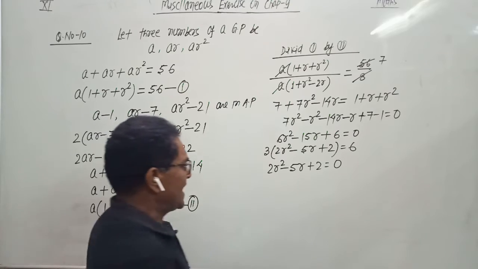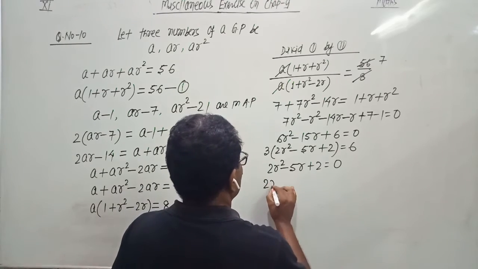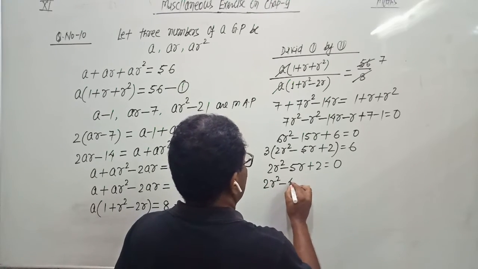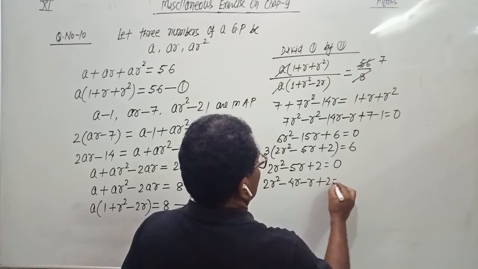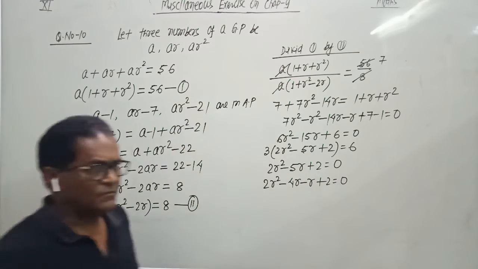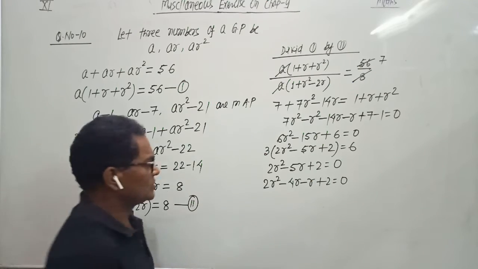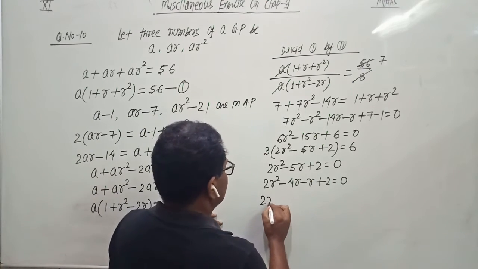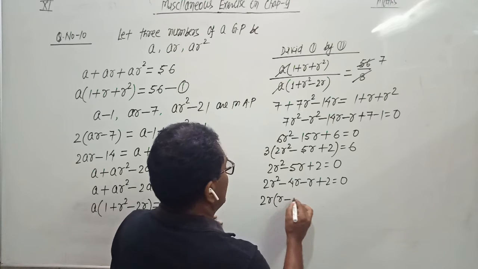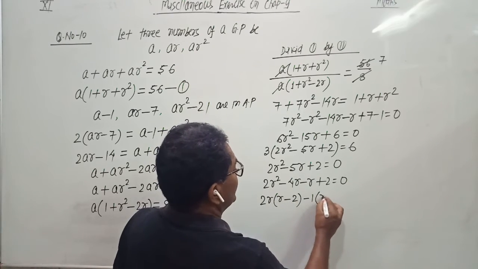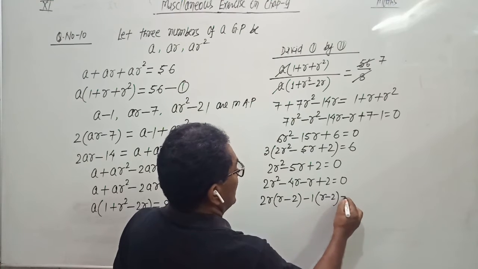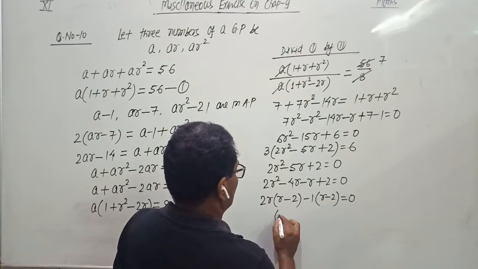Now make its factors. So 2R square minus 4R minus R plus 2 equals 0. From the first two terms, 2R is taken common, we get R minus 2. And from the last two terms, minus 1 is common, R minus 2 equals 0.